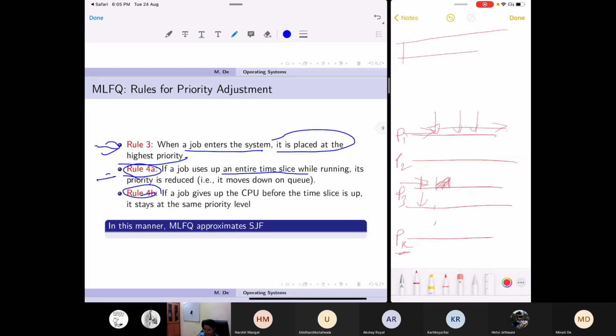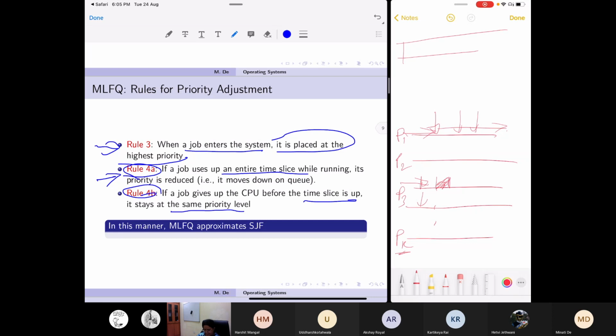That's my rule 4A. And rule 4B: if some job gives up the CPU before the time slice is up, then that job will stay at the same priority level. Okay, so let us introduce these rules.